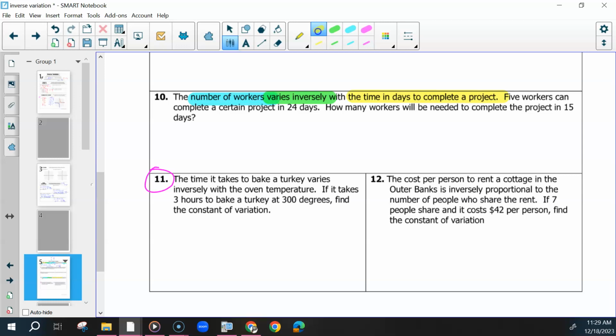What else? 5 workers, 24 days, 15 days, and we're looking for how many workers? Alright, so again, number of workers is y, time is x. So every time you see number of workers, that's y. Number of days would be x.